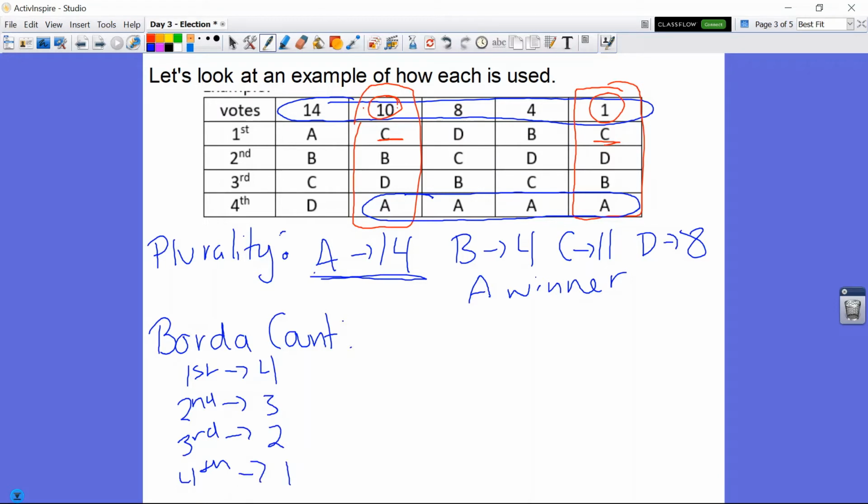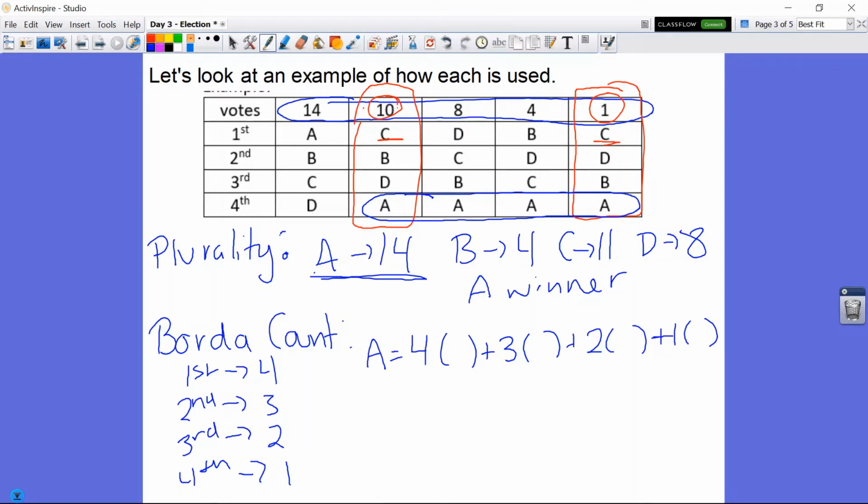So Borda count kind of reverses your order in terms of points. So candidate A, I like to set it up like this, where I say, okay, 4 points times however many times they were in first place, plus 3 points times however many times they were in second place, plus 2 points, plus 1 point.